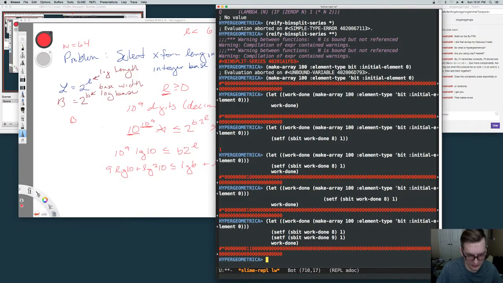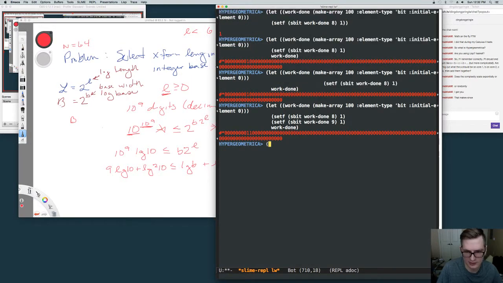So let's look at this. First, let's define log. Defun log of x is the log of x base 2.